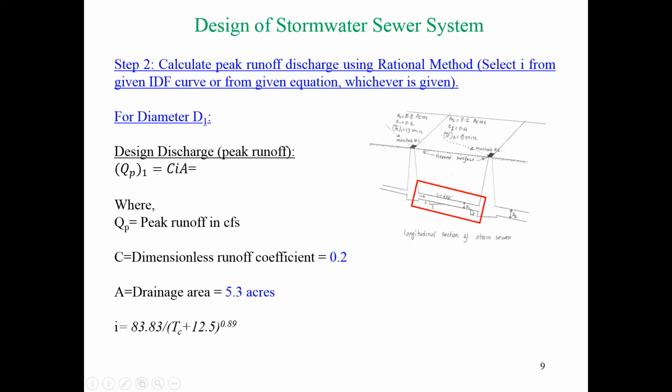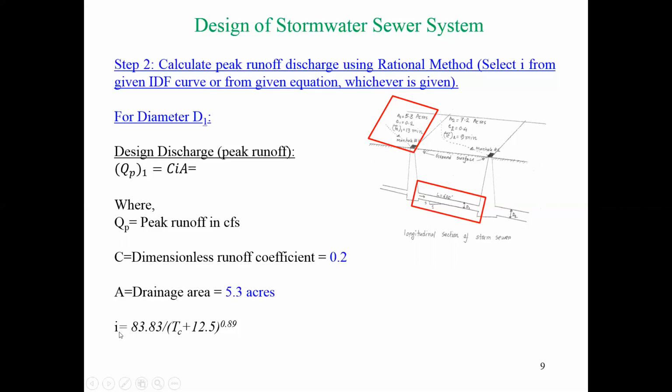So for D1, if you notice, the water is coming from actually this area, right? So for D1, if we want to calculate the design discharge or peak runoff, the drainage area will be 5.3 acres, which is given here. Dimensionless runoff coefficient 0.2.